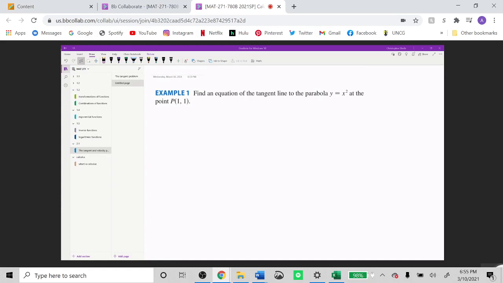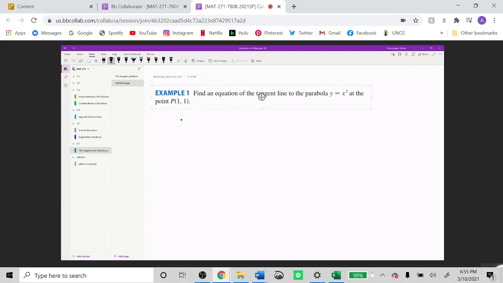We need to choose a point that is on this parabola. Okay, we're going to choose a nearby point on this parabola to approximate the slope of this line. We're not just going to choose any arbitrary point.